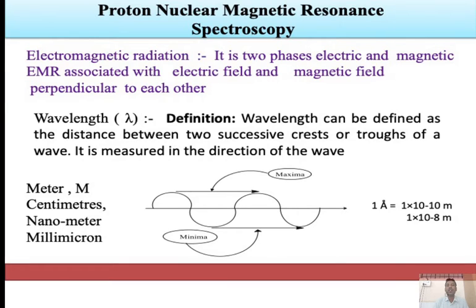The next is wavelength. Wavelength is denoted by the letter lambda. First we see the definition, which is very simple and we are well familiar with it.